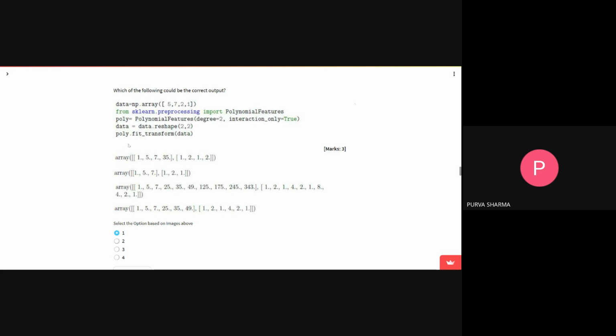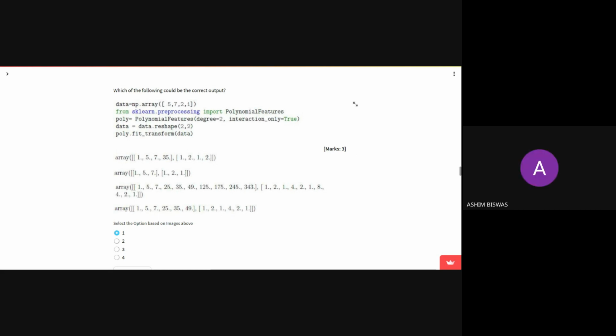Remember this. Now, data dot reshape: we are reshaping the data into 2 by 2 shape, which means two features and 2 rows. So our data will be divided like 5, 7 in 1 row, and 2, 1 in another row.